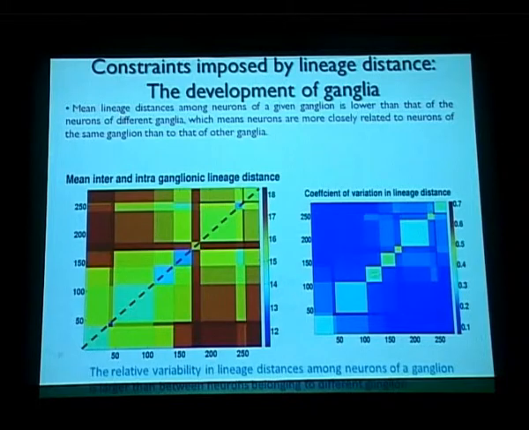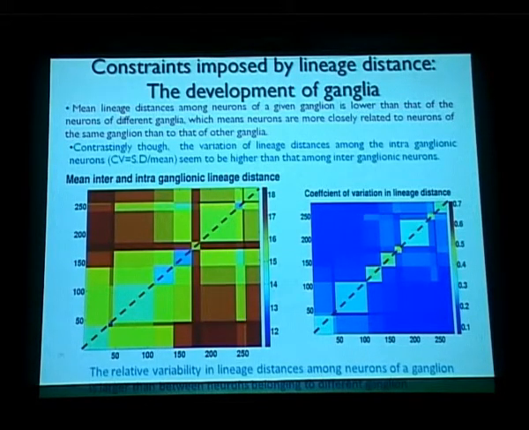When we did the coefficient of variation of the same ganglia, however, we came upon a rather striking result. In fact, it's contrasting, I would say, because the relative variability in lineage distance among the neurons of a ganglion is larger than between neurons belonging to different ganglia.